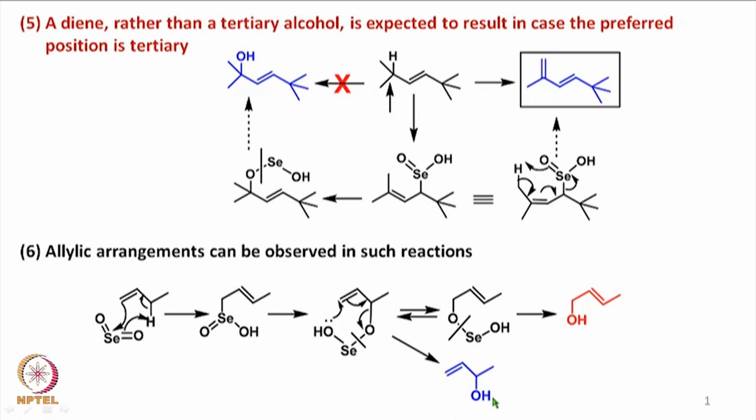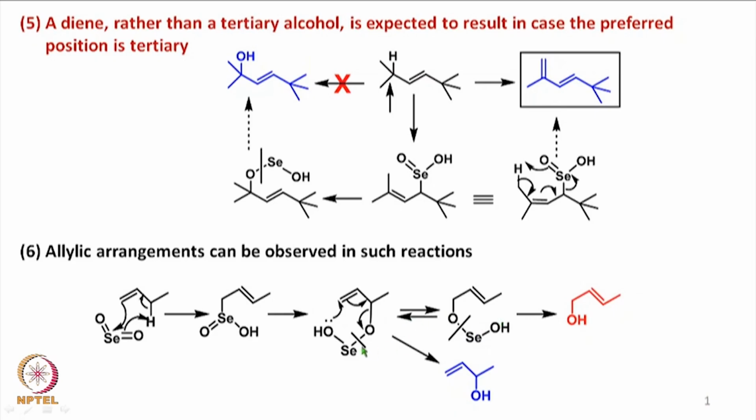where of course one could expect that a cleavage of the oxygen selenium bond would lead to the formation of such an allyl alcohol. On the other hand, there is a possibility of such a rearrangement where a new oxygen carbon bond is formed, leading to such an intermediate, which can again undergo similar type of rearrangement between oxygen and carbon bond here and lead to the formation of this particular intermediate. In other words, these two species could be in equilibrium with each other.